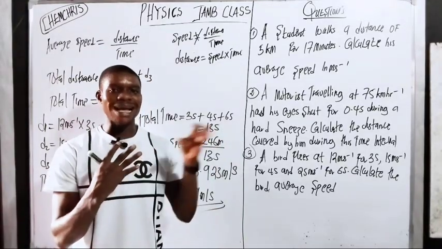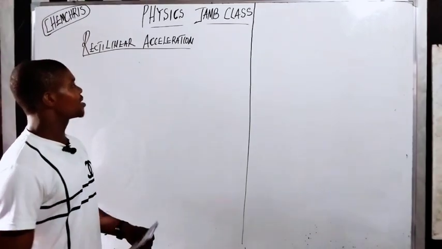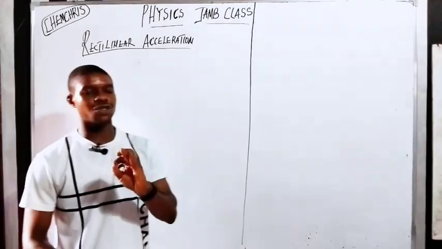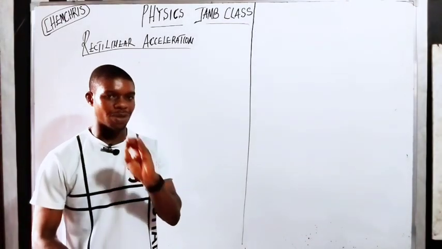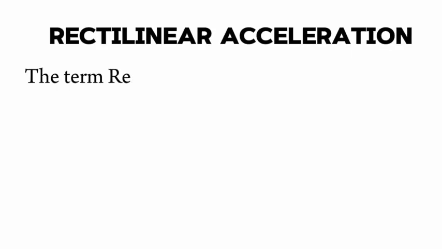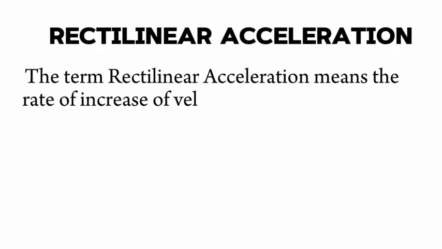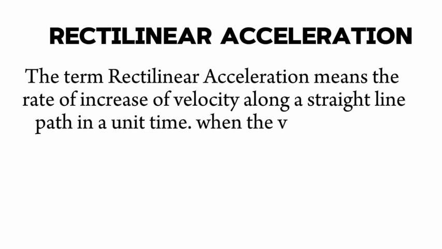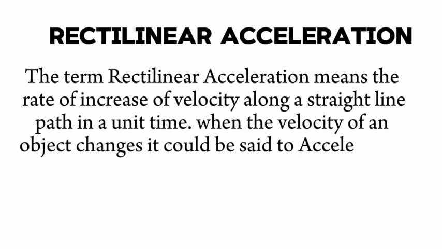So now let's move to acceleration. Let's look at rectilinear acceleration. You have to take some important notes when it comes to rectilinear acceleration for proper understanding. The term rectilinear acceleration means the rate of increase of velocity along a straight path line in unit time.